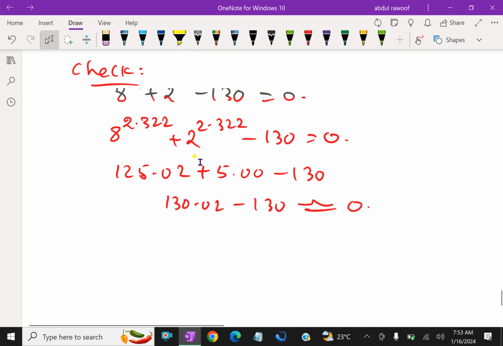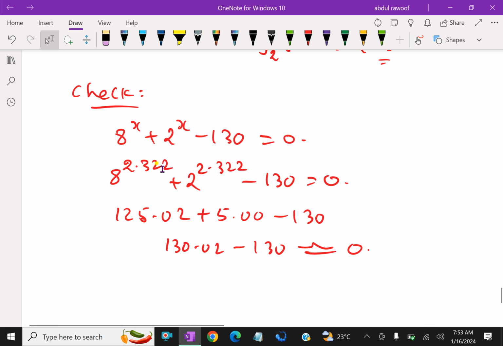If you go to further digits using a calculator, you get approximately 0. So we checked, which is correct.